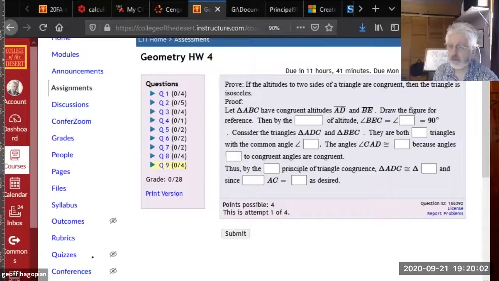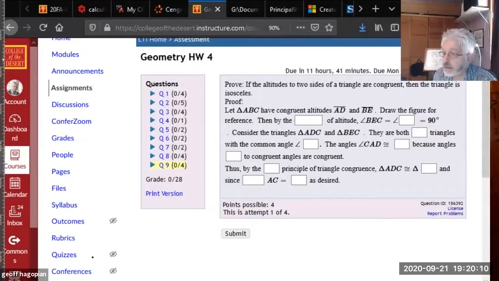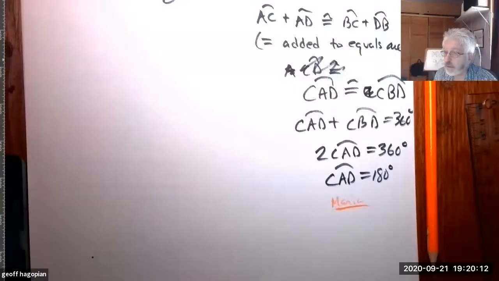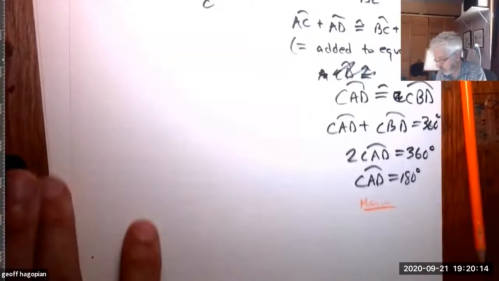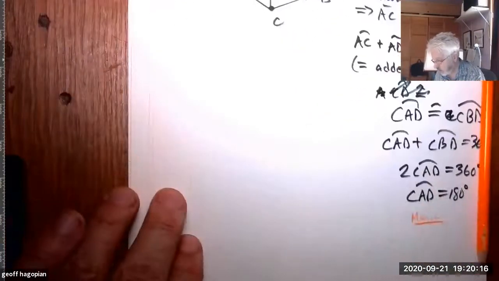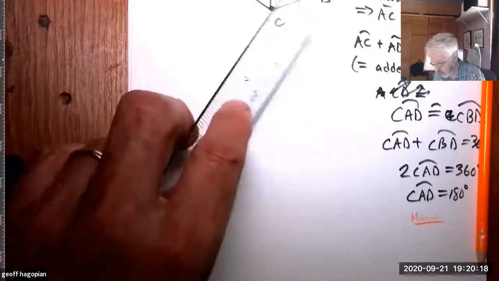And I suppose we could, okay, I need to figure out where my DocuCam is, and I guess go back to the DocuCam here. All right. So I'm going to draw a triangle with congruent altitudes.